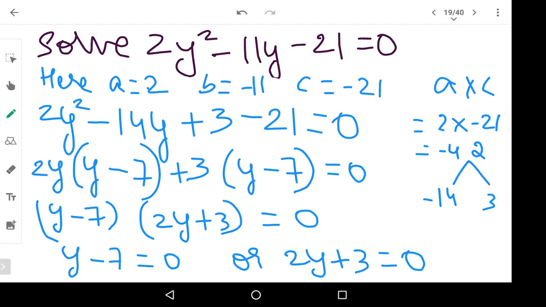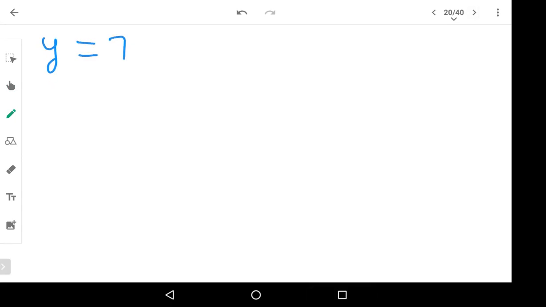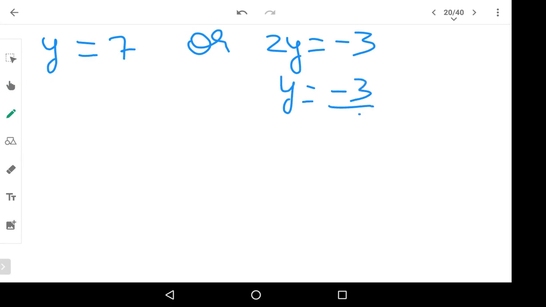Now y is equal to, now if you see here, minus 7, if it goes to the other side, it will become plus 7, or what is the other one? 2y is equal to minus 3, y is equal to minus 3 by 2.